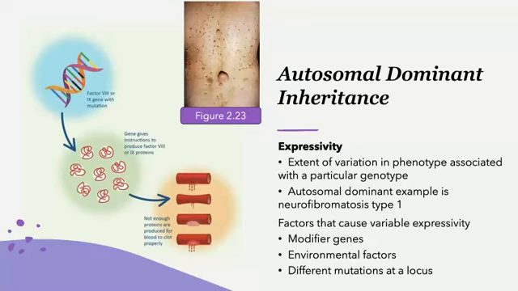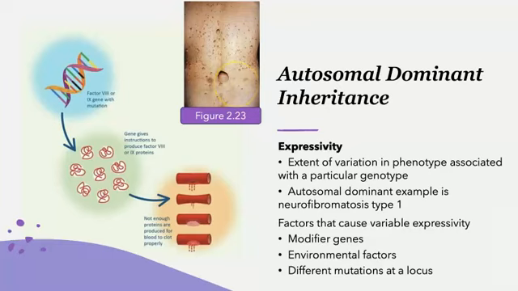And then we have this term expressivity. This is the extent of the variation in the phenotype associated with a particular genotype. And an example of this is neurofibromatosis type 1, which is going to be a tumor. It's the tumor that is a soft dome shape, which you could see pictured over here, and is typically going to be benign.